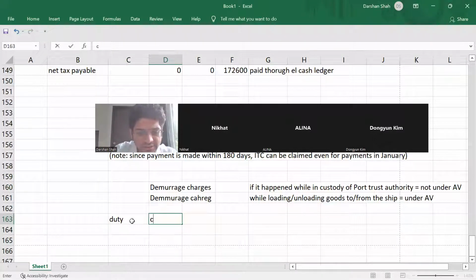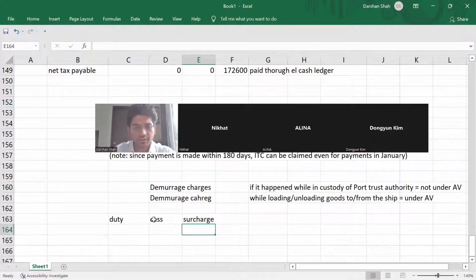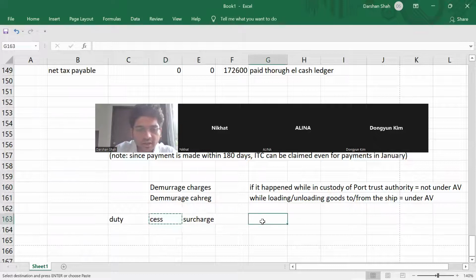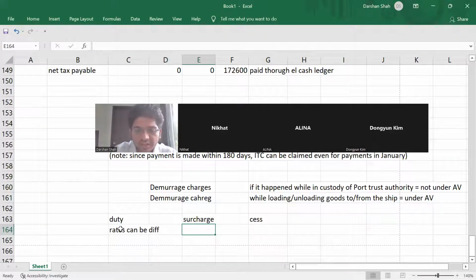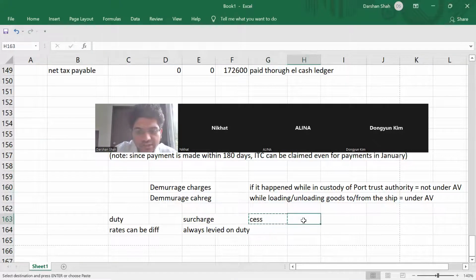Duty is different, cess is different, and surcharge is different. Right? So duty is payable on happening, on fulfilling the condition or not. So the duty rates can be different. Surcharge is always levied on duty. Correct? And cess is the education cess.